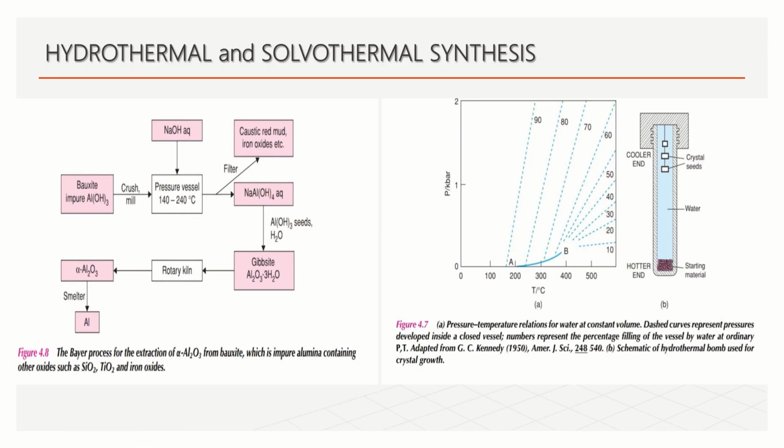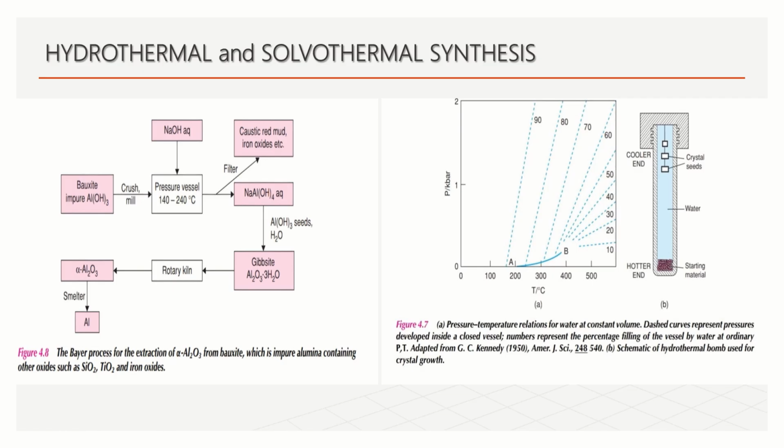The insoluble impurities form the red mud, iron oxides, and it is filtered, and the solution contains NaAl(OH)4, which is aqueous in nature. By cooling and adding Al(OH)3 seeds, the gibbsite precipitates.